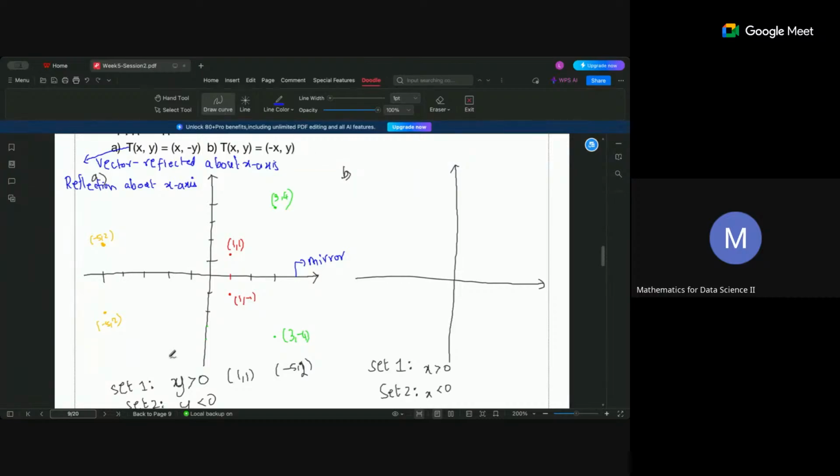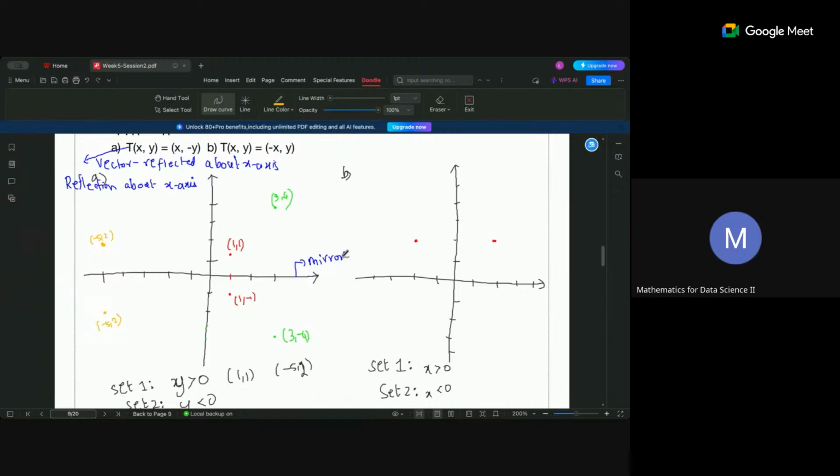Yes? Okay. Same way, what do you observe about the next transformation? Reflection about y-axis. So now your mirror is your y-axis, right? So for example, if I am taking 2 comma 2, here the image is this, right?